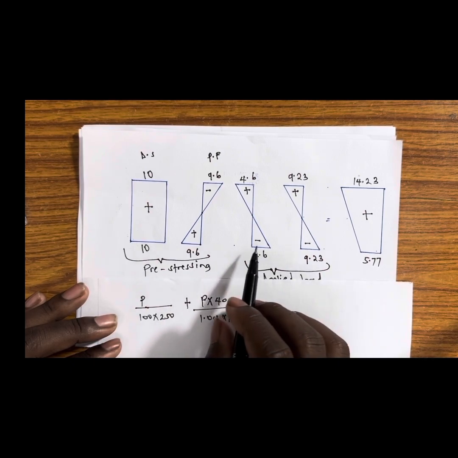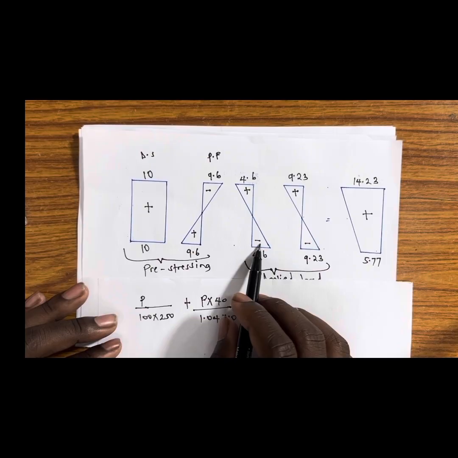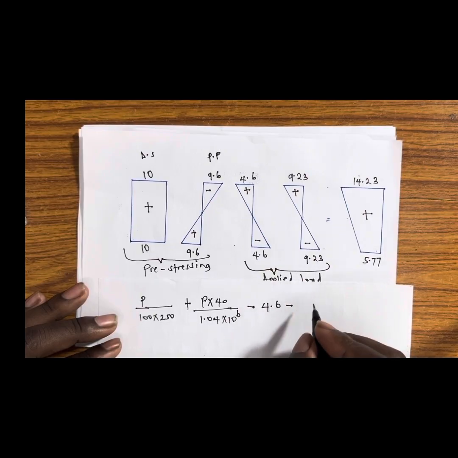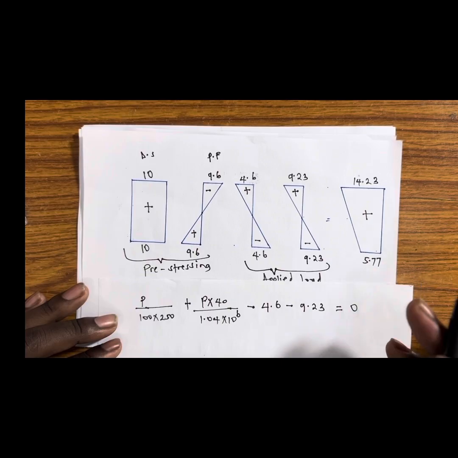Now since at the bottom the sign changes, so this is minus, and we already know here this is 4.6, minus this is 9.23. We want to find how it will balance. That means it will be equal to 0, for it to balance, or else you have to put the dead load and live load on one side, then these other two on the other side. That's the meaning of balancing. So you have to understand that.